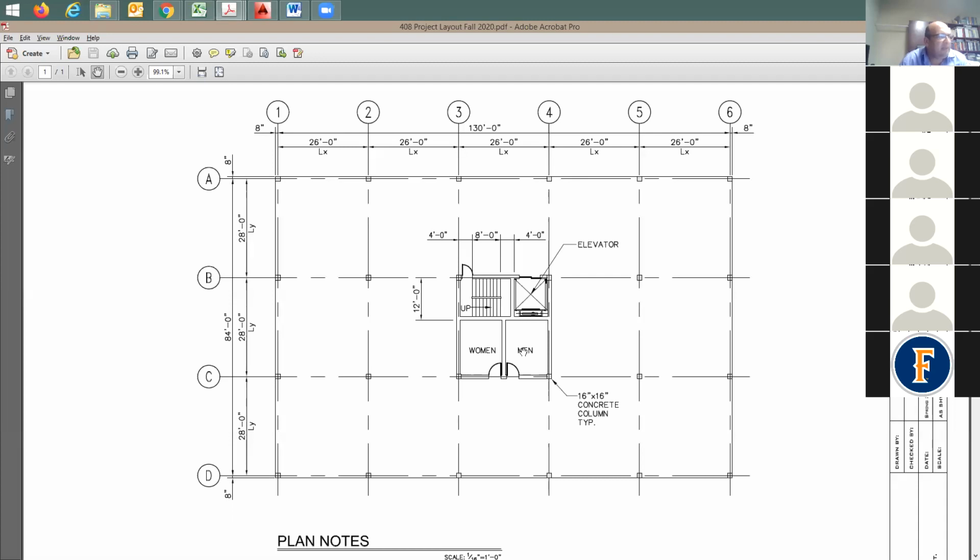And then in the middle here, this is like an office building, right? So the middle is going to be men's restroom and women's restroom. You have an elevator and a staircase. So this is what I have from the architect. Any questions on what you're looking at?